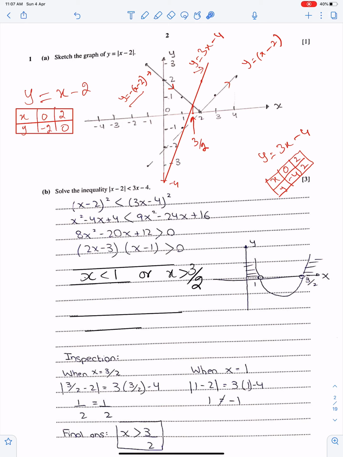Now you have to check the part of the graph where this line is greater than this part. So this line is greater than this part when x is greater than 3 upon 2. When you go here, see, here this line is greater than this part of the graph. So when you go on this side, then this inequality will be verified. So x is greater than 3 upon 2. So I've done both methods, the graphical method and the algebraic method.